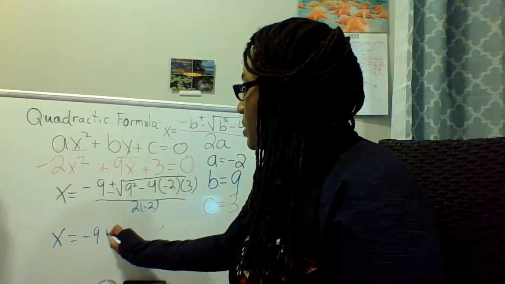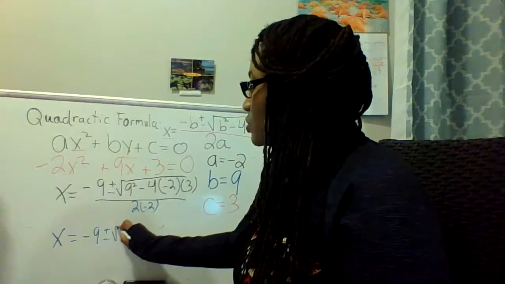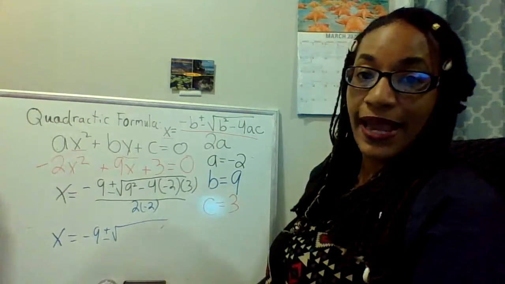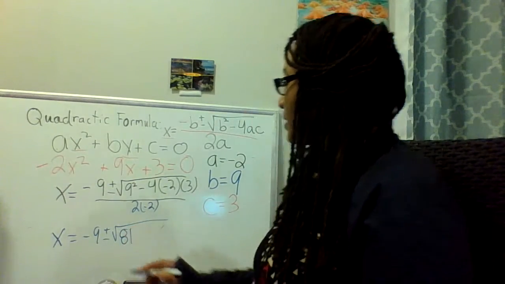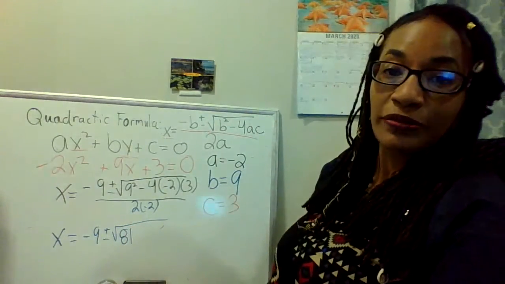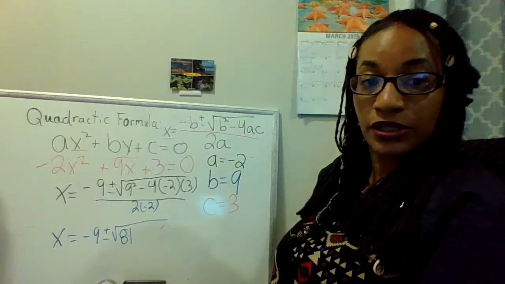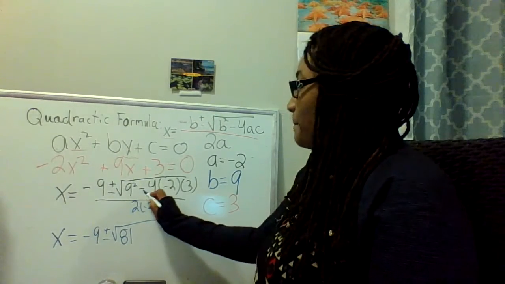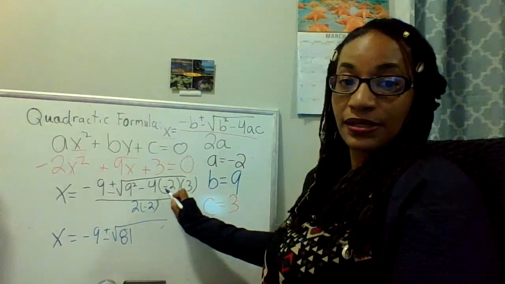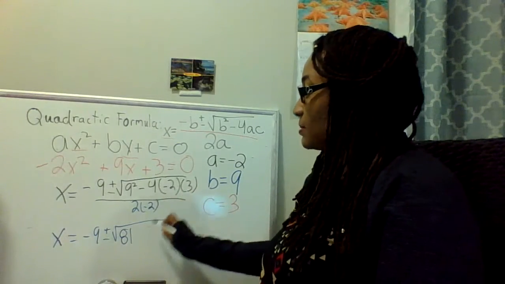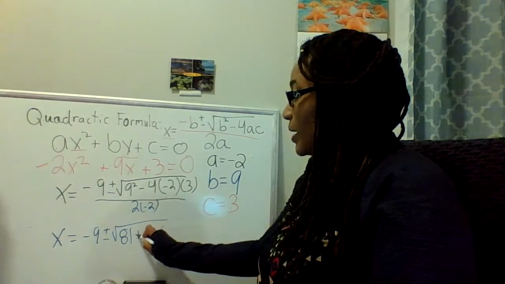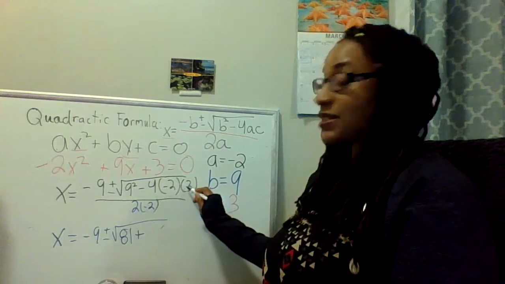Plus or minus the square root. 9 squared is 81, because 9 times 9 is 81, and that's what 9 squared means. Minus times a minus is always a positive. So we know our answer is going to be positive because this is positive here.